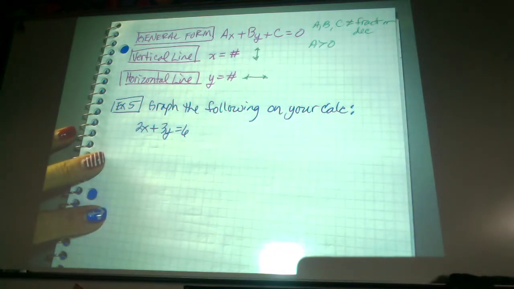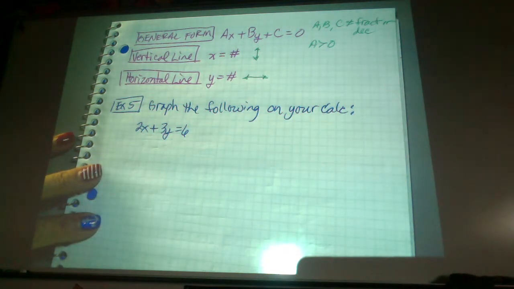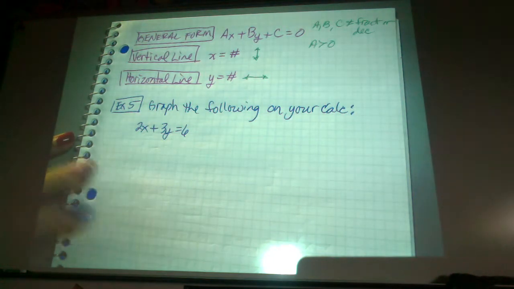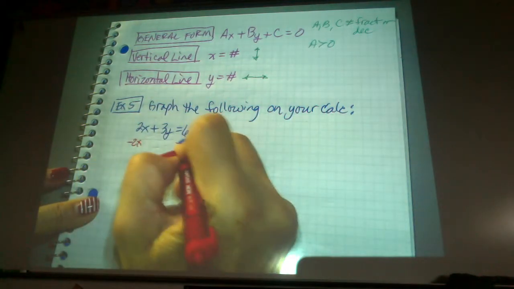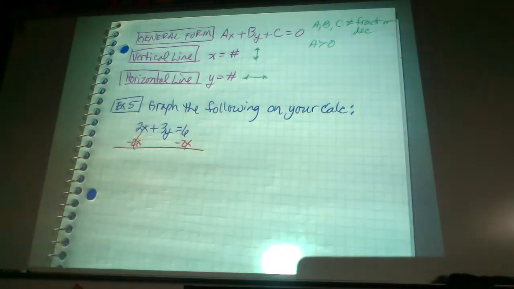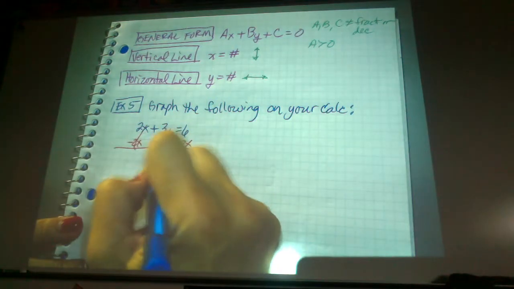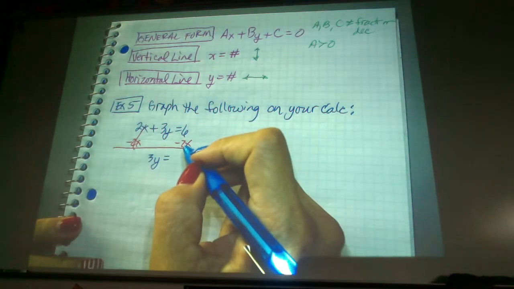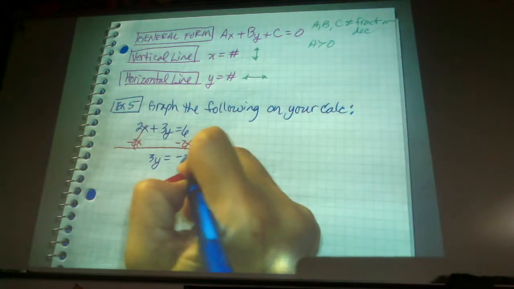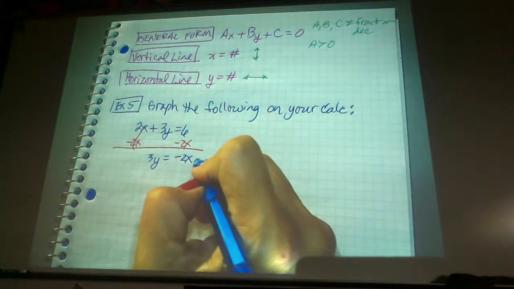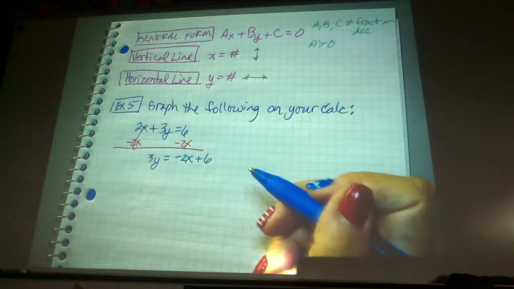Is that a form that we can put in the calculator? No, of course not. So you've got to solve the equation for y. So we're going to subtract 2x from both sides. You will typically see me putting it into slope-intercept form just because years of doing this, I'm not going to change my ways. If you wrote 6 minus 2x, it's not going to affect a thing.